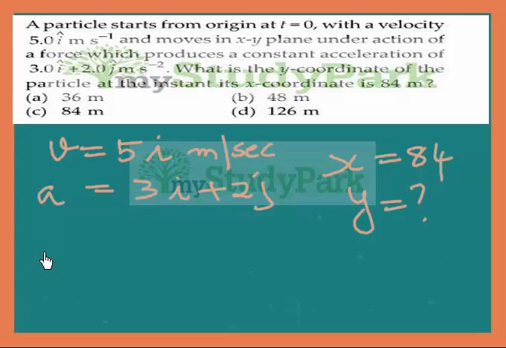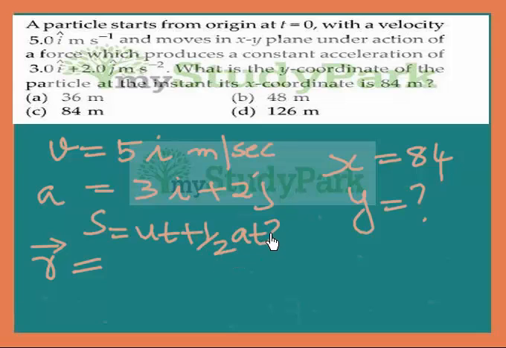What is the value of the displacement vector at any point in time? The displacement vector at any point in time is given by, so you recollect the equation, S is equal to ut plus half at square. So you can replace this with vectors.